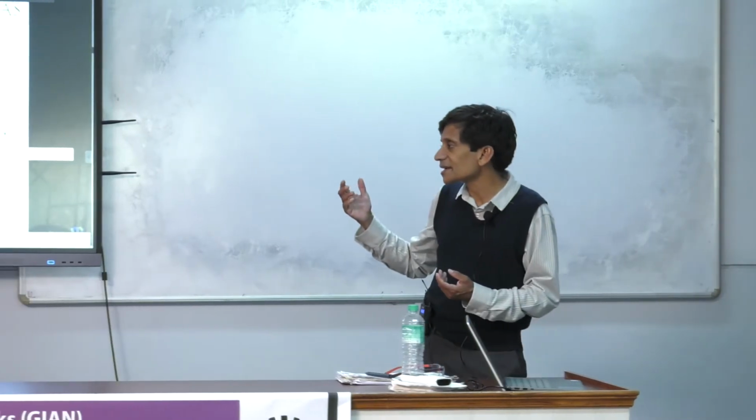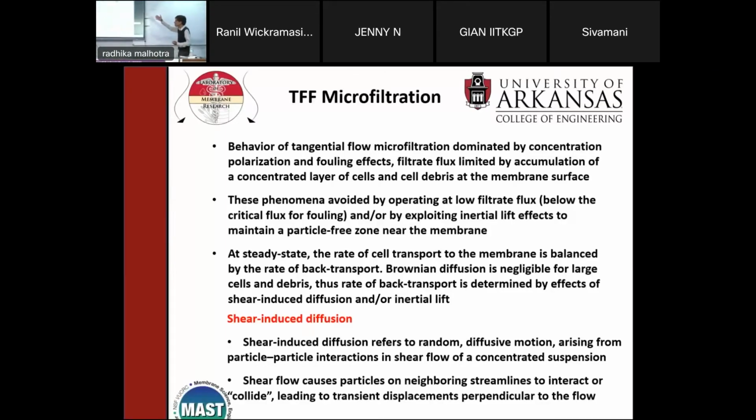Because all of these back migration mechanisms also depend on particle size. And so different particles will have different forces acting on them. So critical flux is a nice idea, but actually coming up with an actual critical flux for real systems is very difficult. It's easier to do it with, say, latex particles or something like this, okay?